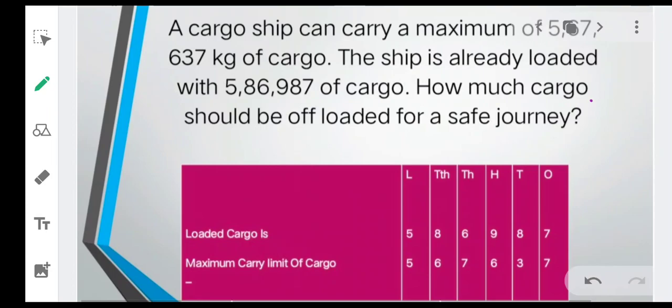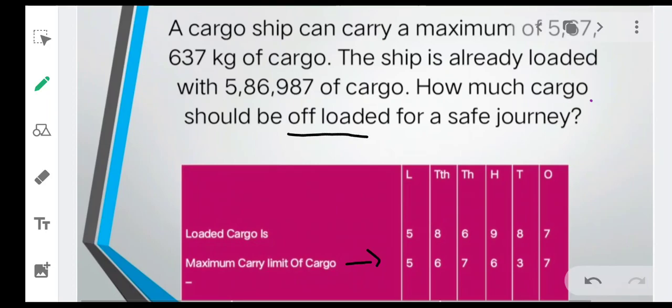If you are not able to see this number, I have already written it down here. This ship is already loaded with 5,86,987 kg of cargo. How much cargo should be offloaded?